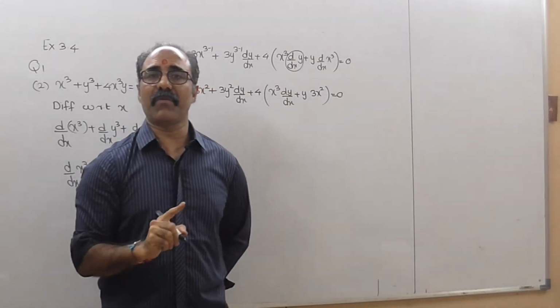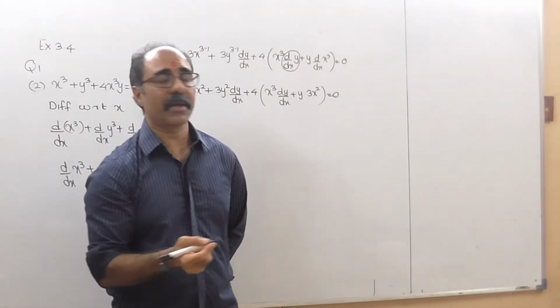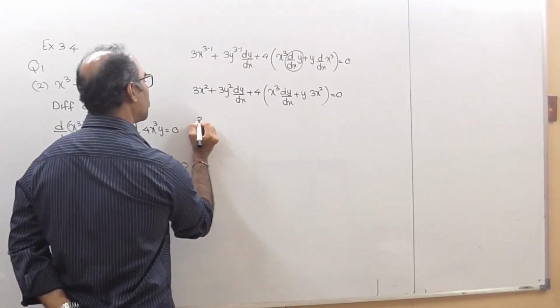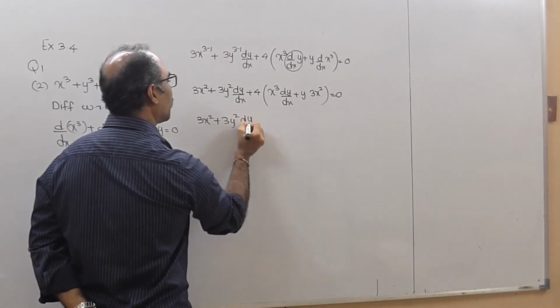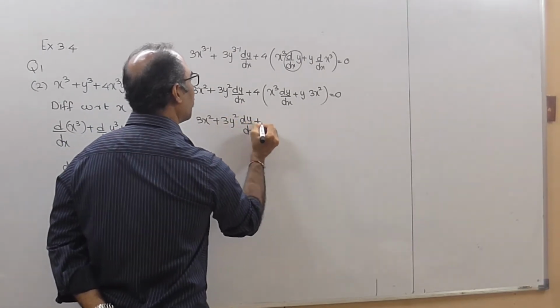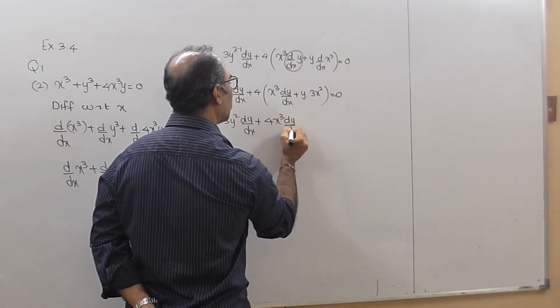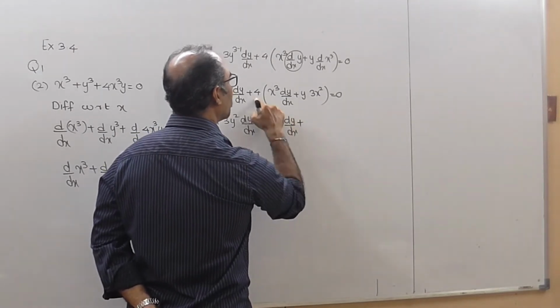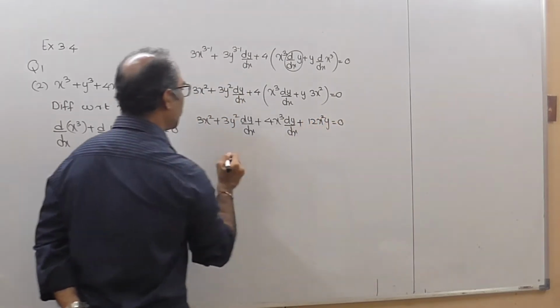What is the derivative of y? 1, but with that you will have to write dy by dx. Okay, so this is 3x square plus 3y square dy by dx plus 4x cube dy by dx plus 12 x square y equal to 0.